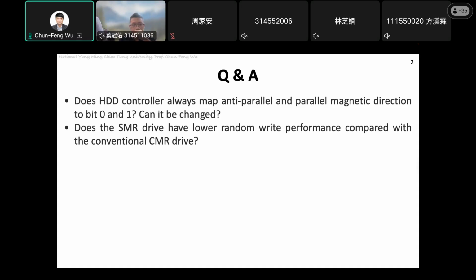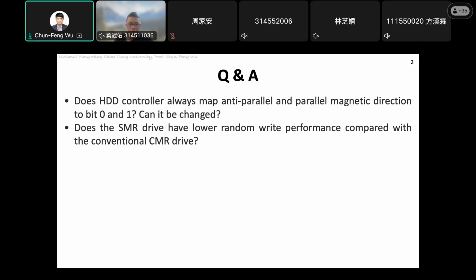Okay. So the first Q&A is: does the HDD controller always map anti-parallel and parallel magnetic directions to be 0 and 1, and can it change? The answer is yes. It is controlled by the firmware. So if you want to map anti-parallel to 1 and parallel to 0, it is possible.